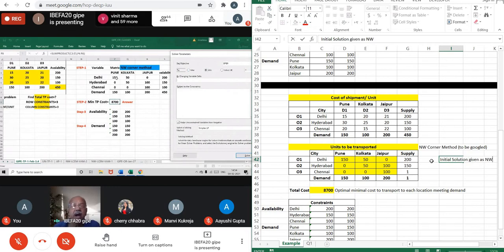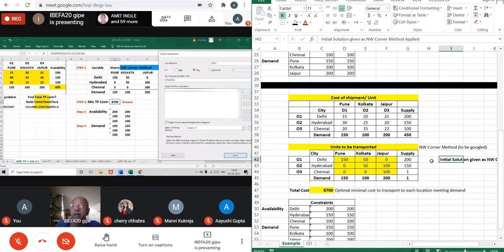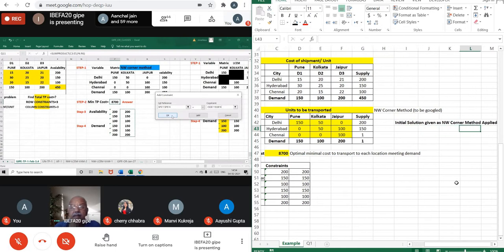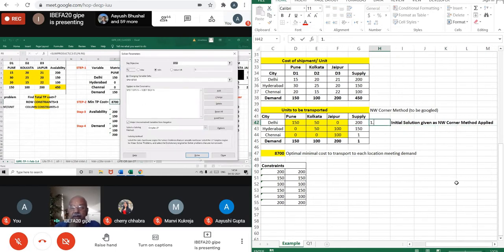Cells are the allocation matrix. And constraints are already there: the left side should be equal to the right side, and solve it.